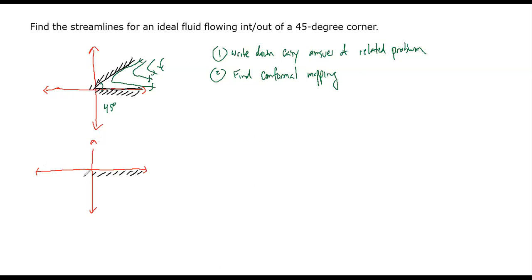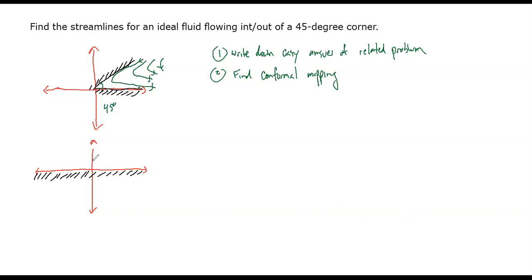And if you didn't see the whole fine print video, ideal means that there's no viscosity and it's incompressible. So it doesn't matter if it's flowing next to this wall, it's not going to interact with the wall in any sense, no viscosity, no turbulence, no slowing down.